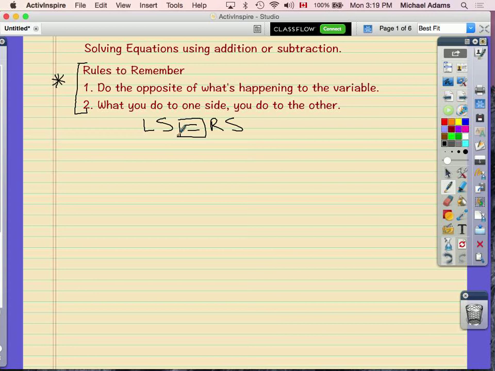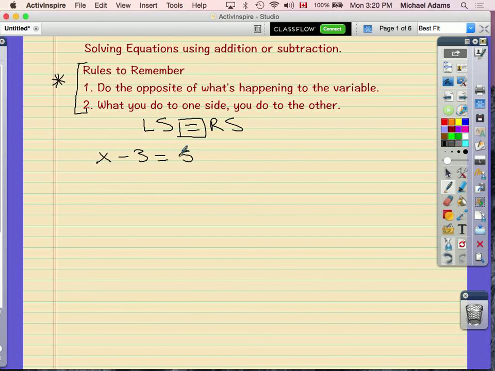So what we're going to take a look at now is solving equations using addition or subtraction. Let's take a look at a couple different examples, and it's going to be fairly simple, this first one. If I have something like this, x minus 3 equals 5. That's pretty straightforward.